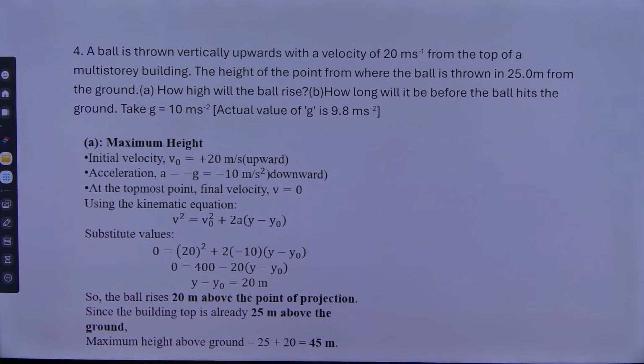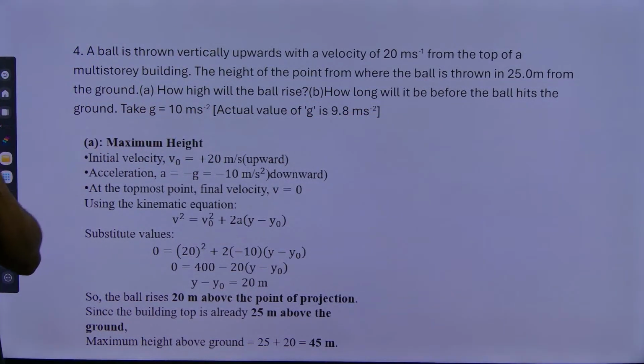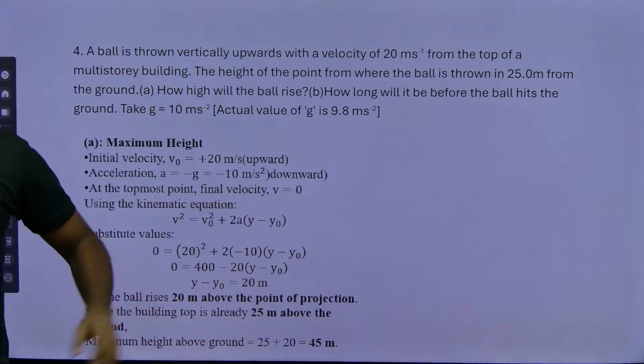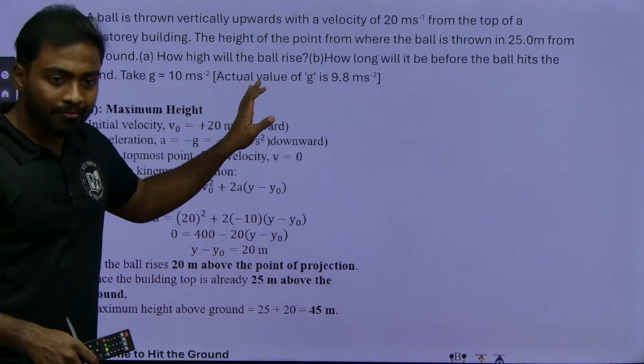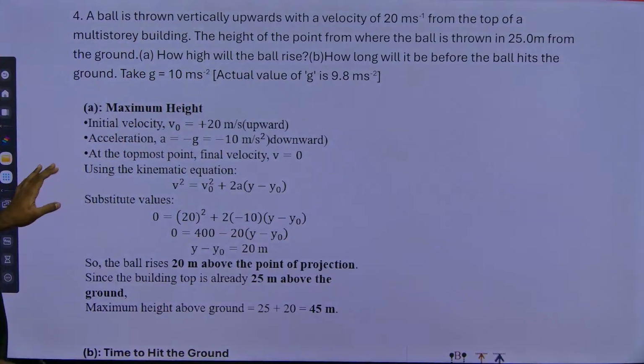How high will the ball rise? That is the first point. Second point: how long will it be before the ball hits the ground? Take g equal to 10 meter per second square. The actual value of g is 9.8 meter per second square, but take 10 as the value.